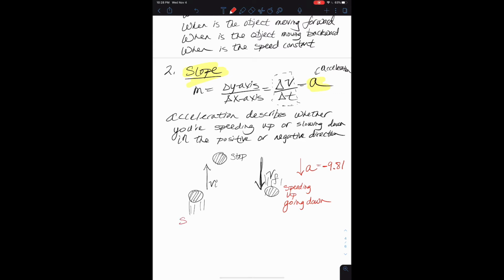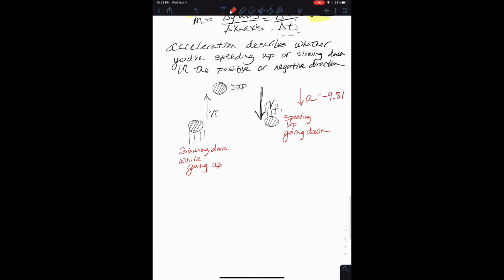So it's when the ball is slowing down while going up. All right, so these are both negative acceleration. So what I'm trying to say is that slowing down in the positive direction is the same as speeding up in the negative direction.